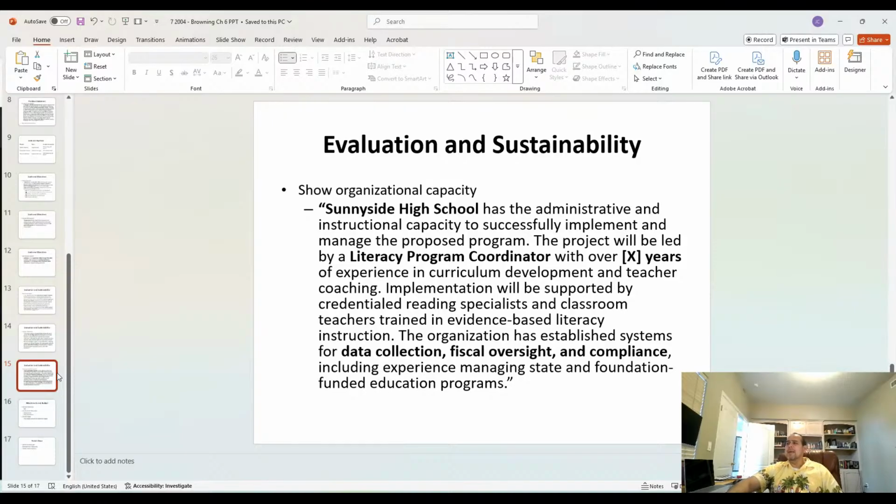The project will be led by a literacy program coordinator with, fill it in, 15, 20 years of experience in curriculum development and teacher coaching. Implementation will be supported by credentialed reading specialists and classroom teachers trained in evidence-based literacy instruction. The organization has established systems for data collection, fiscal oversight, and compliance, including experience managing state and foundation-funded education programs.